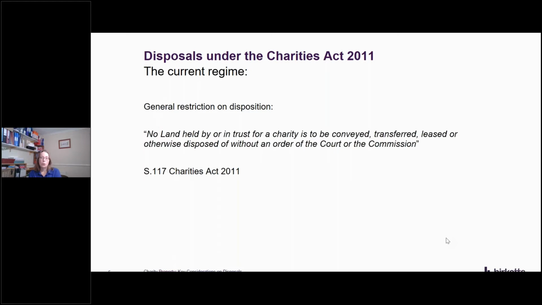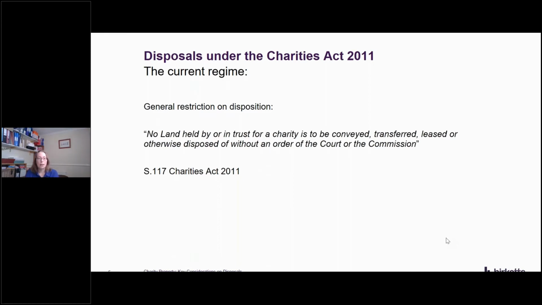But the ambiguity was that the transaction was then liable to be set aside unless it could be shown that it was beneficial to the charity. Clearly, this was very unsatisfactory, and I'm sure that it led to a lot of parties not necessarily wanting to contract with charities to acquire their land because of the concern that things could be set aside.